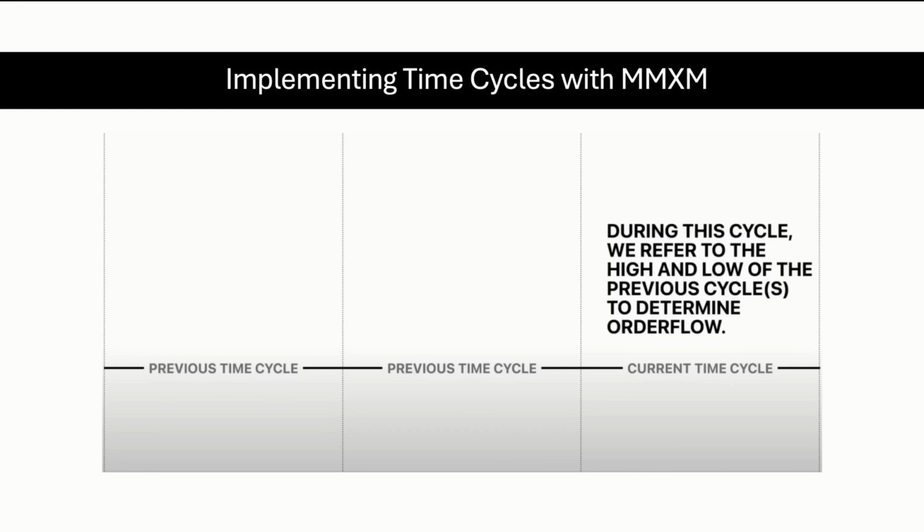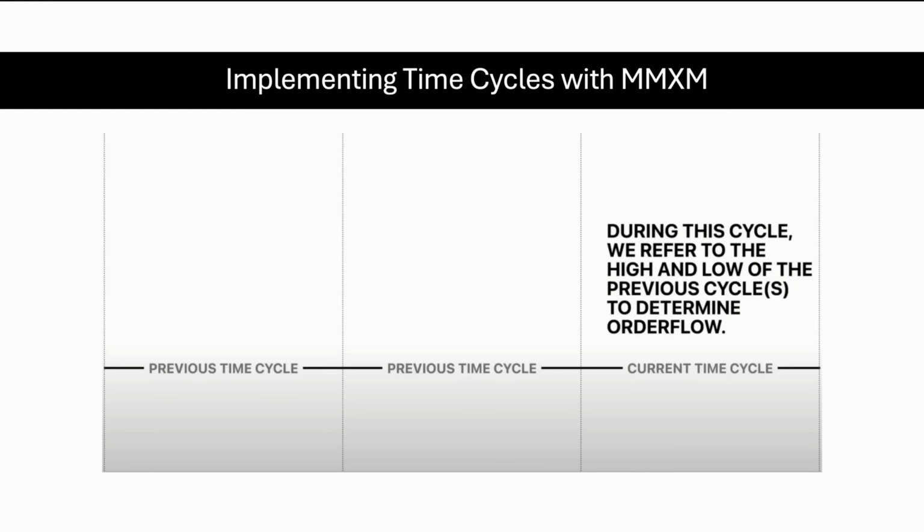Are you looking at, let's say, a weekly window? Are you looking at a daily window? Are you looking at a session window? Are you looking at a 90-minute cycle window? Are you looking at a 30-minute cycle window, etc.? Those things are very important to understand when it comes to selecting what time cycles you're going to use.